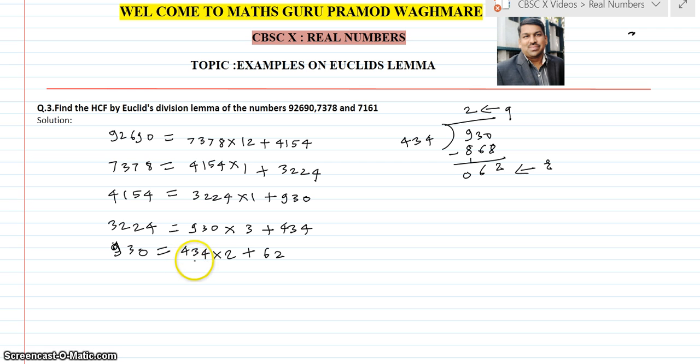Now we divide this 434 by 62. Okay, so here are 2 digits, here are 3 digits. So how do we divide by 62?